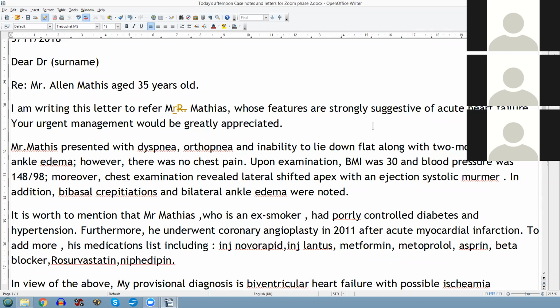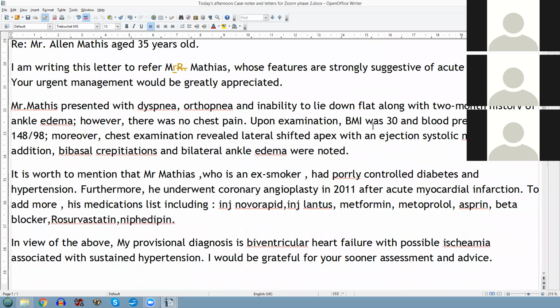"Your urgent management will be greatly appreciated." Okay, you could do that, but "assessment, evaluation," I suppose you could leave it out and just put that, but okay. And again, why would it be greatly appreciated? Again, he's not doing you a personal favor. It's just not, you know? So anyway, but that's okay.